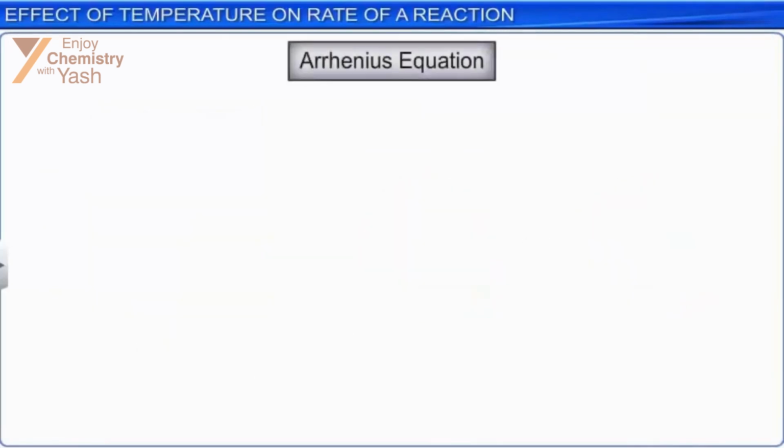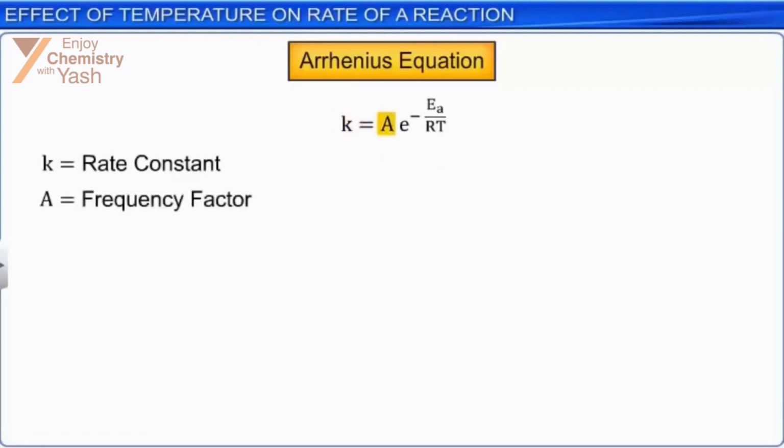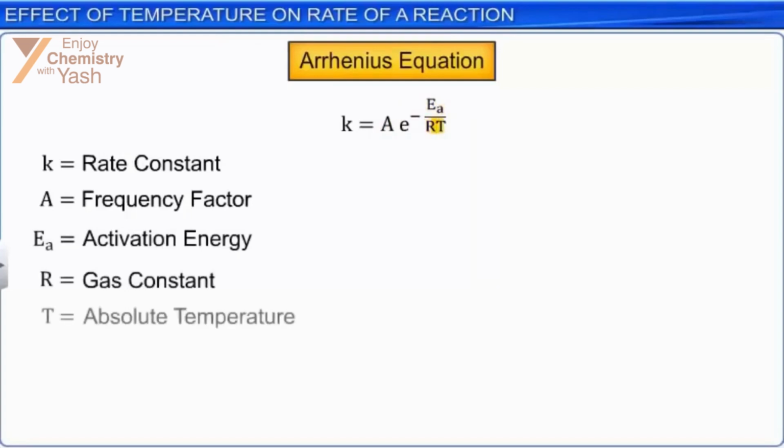The Arrhenius equation gives the relationship between the rate constant K of a reaction and the absolute temperature T. It is defined as K = A × e^(-EA/RT), where K is the rate constant, A is the frequency factor, which is a constant specific to a particular reaction, EA is the activation energy, R is the gas constant, and T is the absolute temperature.